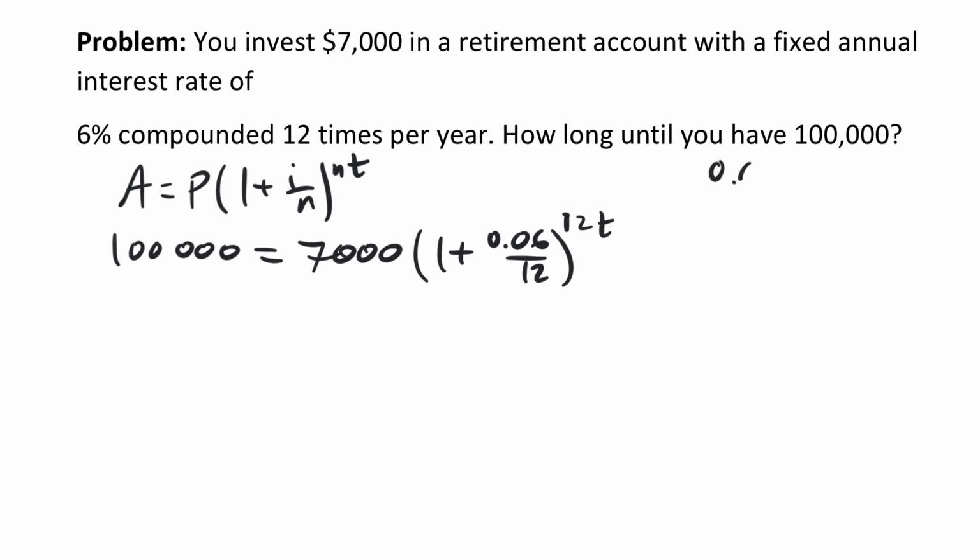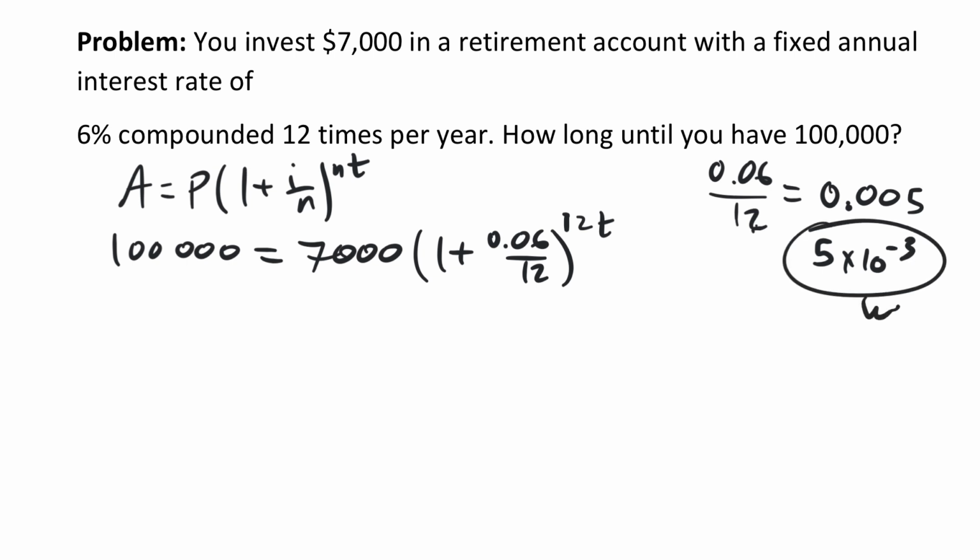If you try to type in the 0.06 over 12 and it doesn't give you 0.005, okay, because that's what the number actually is as a decimal, if it gives you some weird thing, like 5 times 10 to the negative 3, this is kind of weird. That's because your calculator is not set up properly. So what you need to do is go Shift Setup. So go into Setup. Then you need to go to 8, which is norm.